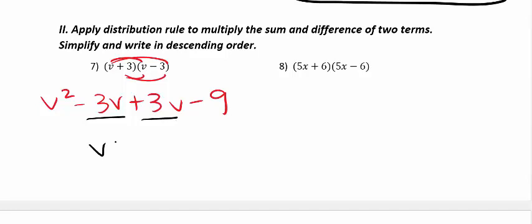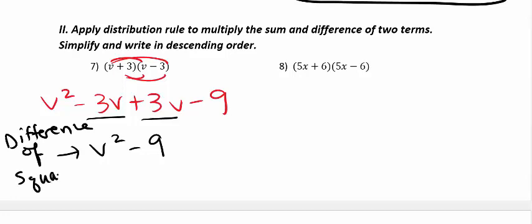So this just becomes v squared minus 9. And this pattern here is called a difference of squares. It's a difference of squares. Difference because there's a minus sign here in the middle. Of squares, because v is a square and 9 is a square, it's 3 squared. And so both of these terms here are squares.